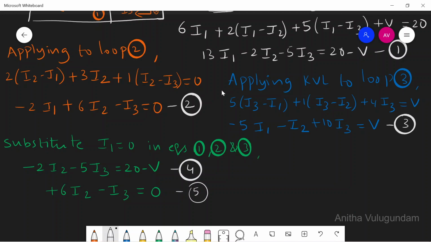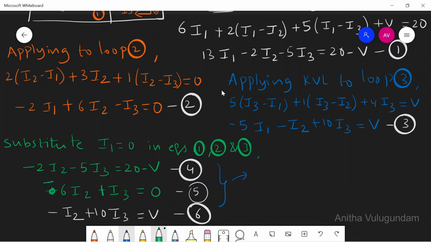Next, the third equation: minus I2 plus 10I3 equal to V. This is equation number 6. By solving equations 4 and 6, and 5 and 7, now I just want to rewrite equation number 5 as here minus and here plus.